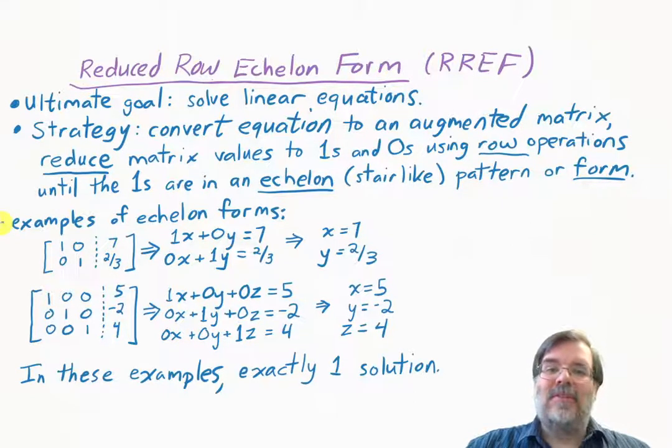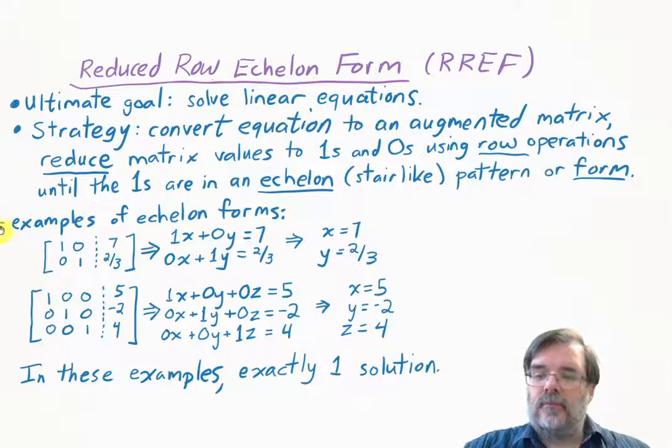So most of this video will be about how to calculate it, but first we need to define it. But before we even define it, let's see some examples and why, once an equation is in row reduced echelon form, it's so easy to figure out the solution. So here is an example of an augmented matrix which is in echelon form. Notice the ones kind of form this little staircase-like pattern.